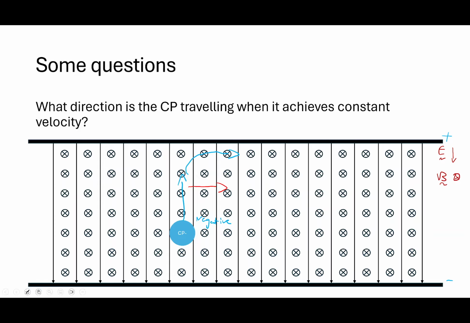But once it gets to this point where the force is going down, because the particle is constantly accelerated up by the electric field, the downwards and upwards motion cancel out, or at least we assume it to cancel out because we don't know any other information. So because it cancels out, there's no net force, so it's constant velocity.